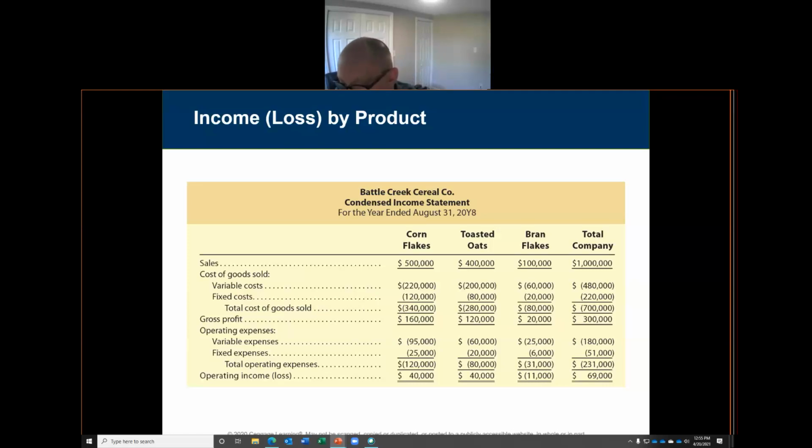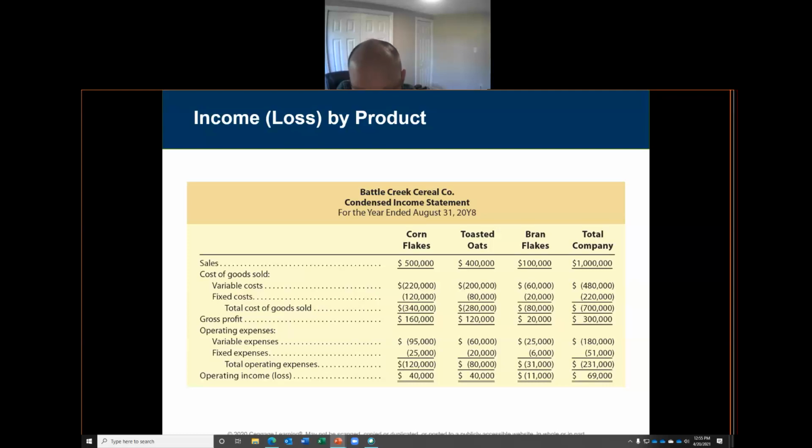Here's the data that they've given us. We have Corn Flakes, Toasted Oats, Bran Flakes, total company. Take a look at your sales, your costs, and your net income. We can see Corn Flakes and Toasted Oats are both doing pretty good, providing a good operating income. Bran Flakes, however, give me a loss of $11,000.